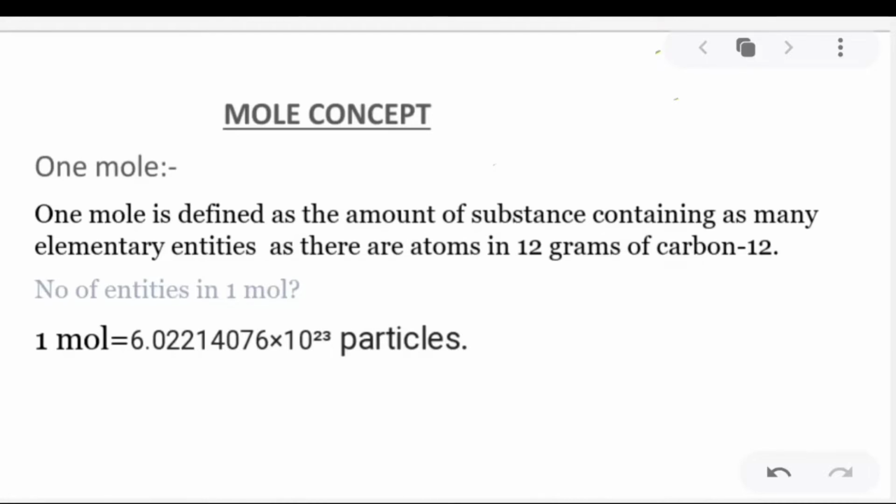Its name is Avogadro constant and its symbol is Na, and this is equal to 6.02214076 into 10 to the power 23 particles of the same nature. For example, 1 mole of hydrogen atoms is equal to 6.022 into 10 to the power 23 atoms, and 1 mole of water molecules is equal to 6.022 into 10 to the power 23 molecules of water.